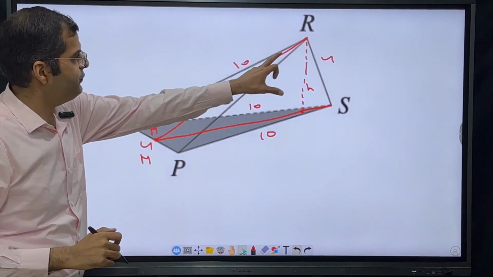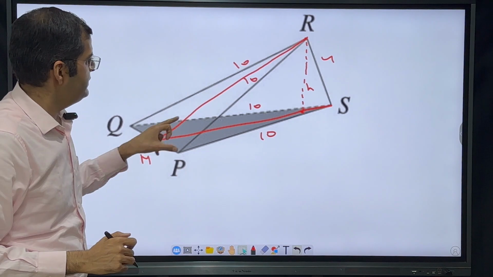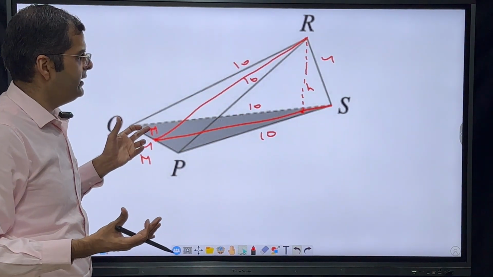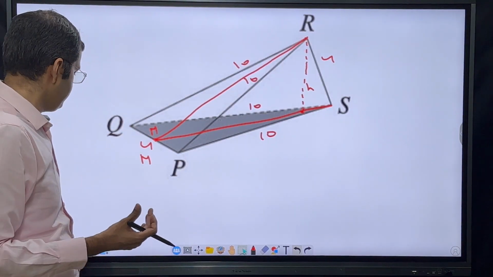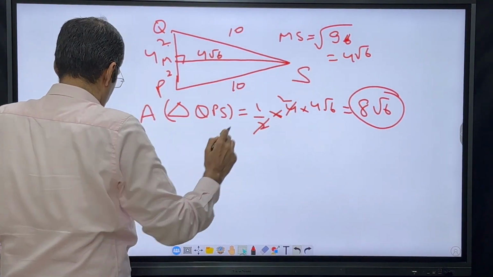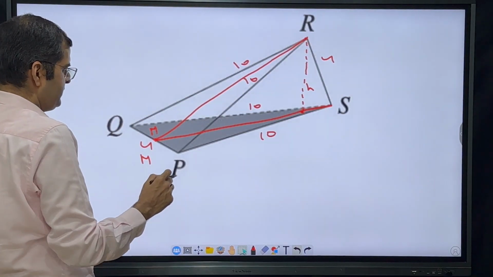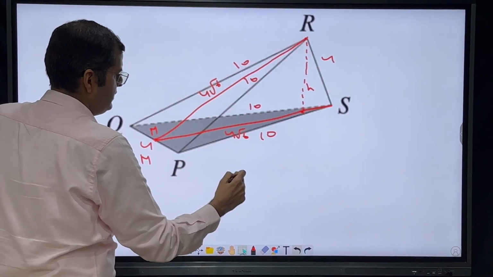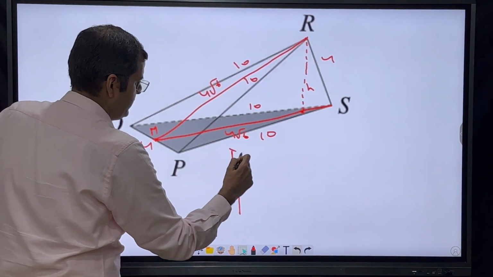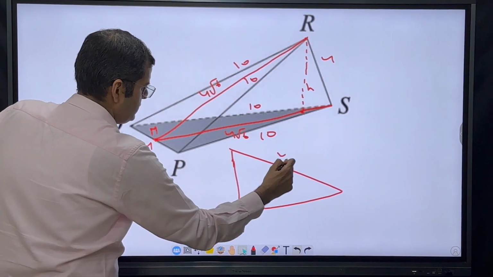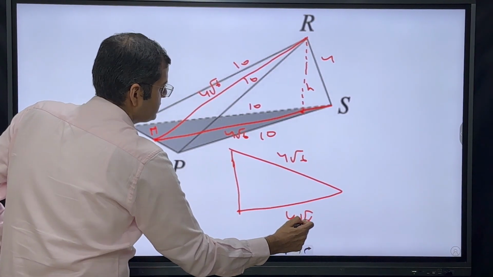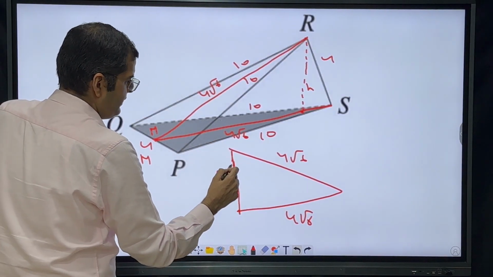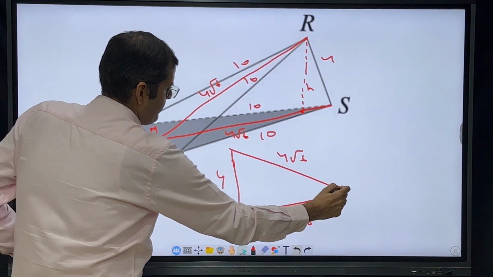This side and this side are actually the same in length. I already know MS is 4 root 6, so this also is 4 root 6. So now this triangle has sides 4 root 6, 4 root 6, and 4 here.